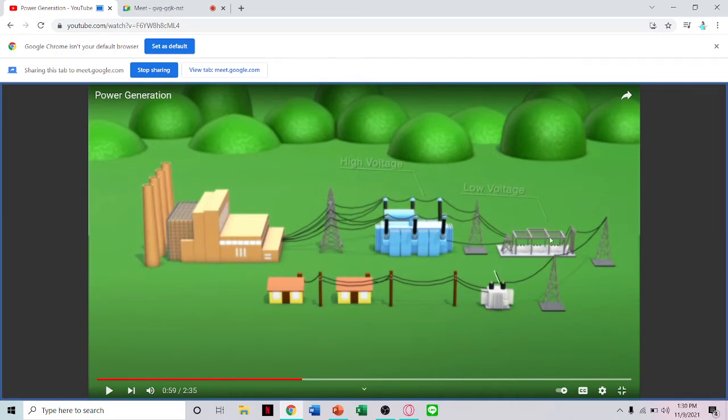After it travels here, the electricity will be in low voltage now. It means weak. Not very strong anymore, and it will be suitable for the devices at home. It will be good for your devices at home. It will not explode anymore because some devices have different voltages.